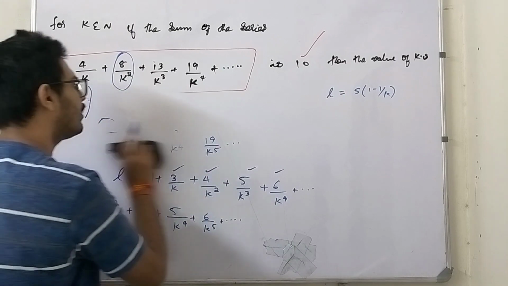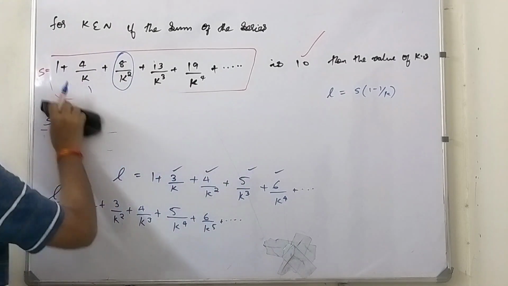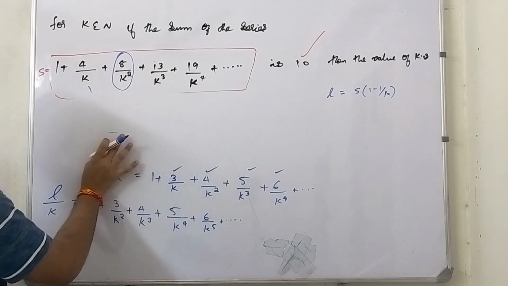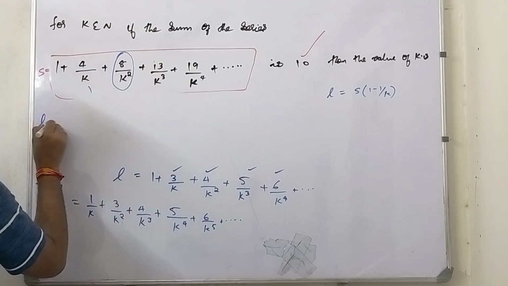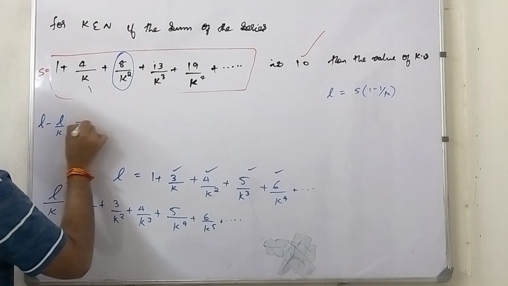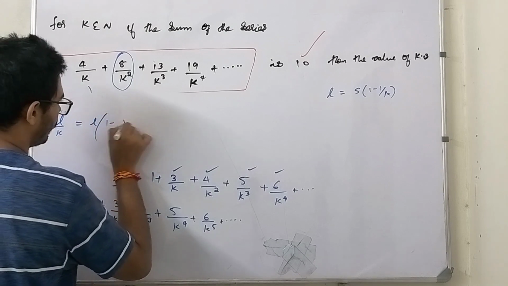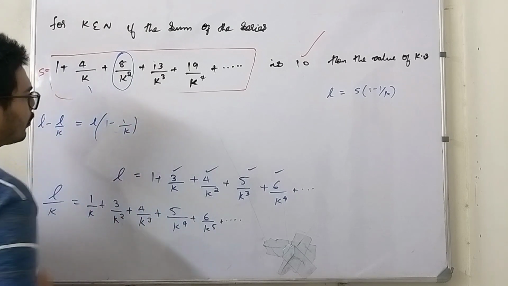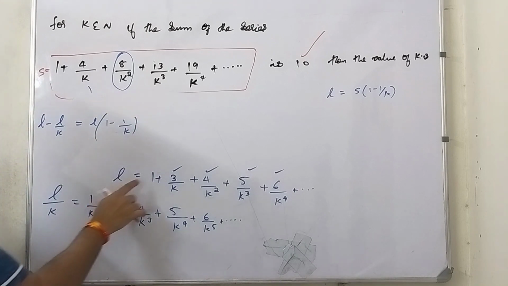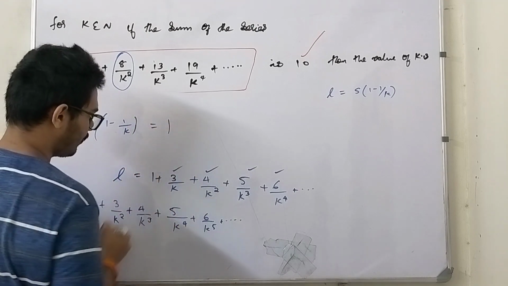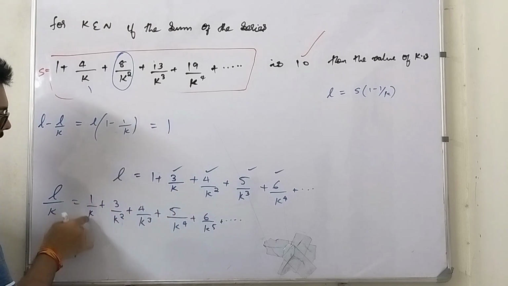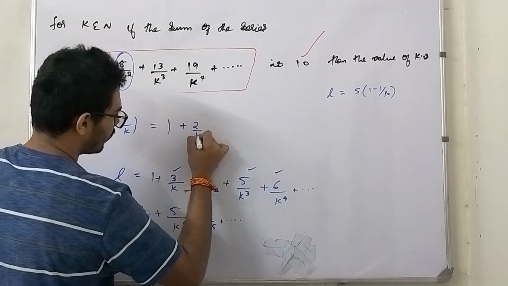Now, I am subtracting this series from the series L. It will be L minus L by k, or you can write L into 1 minus 1 by k. If you subtract, 1 will remain the same. 3 by k minus 1 by k, it will be 2 by k.